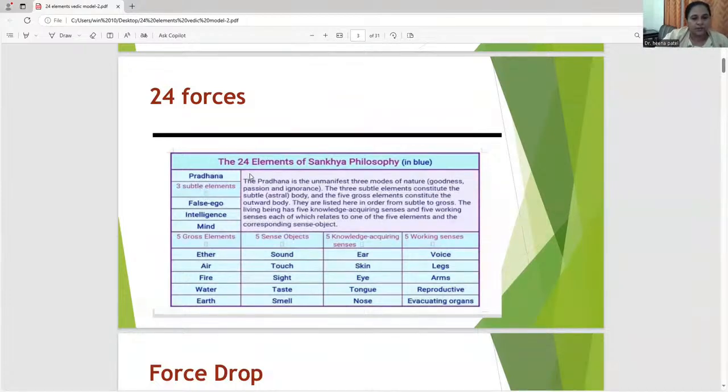It is made up of 24 elements and 3 subtle elements: false ego, intelligence, and mind. Mind we all know, intelligence is buddhi, and false ego is who we think we really are. The real ego is different, and it's basically spirituality, so right now we are not going to discuss that.